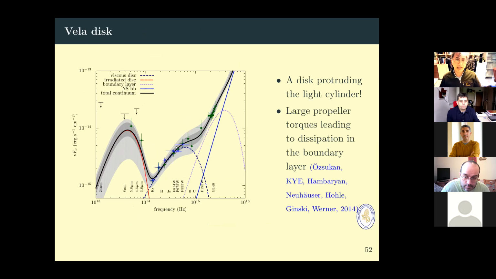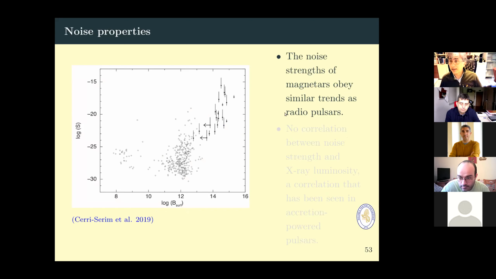So their combination is quite fitting with the observations. But the fallback disk model is not favored recently, especially due to the noise properties, right?